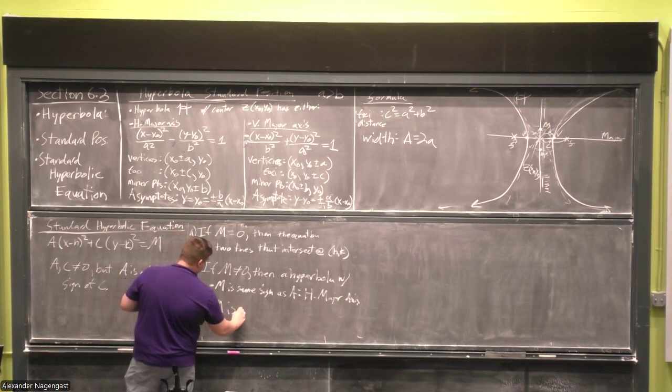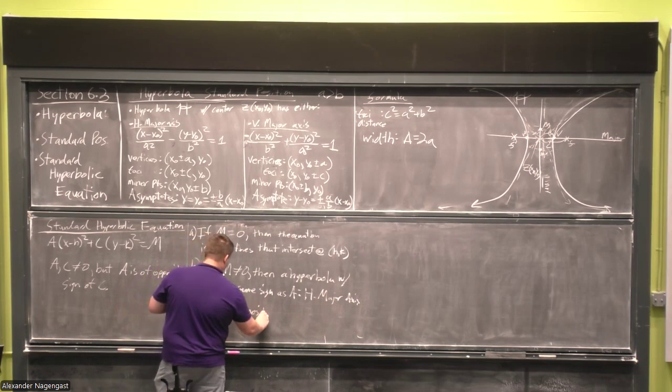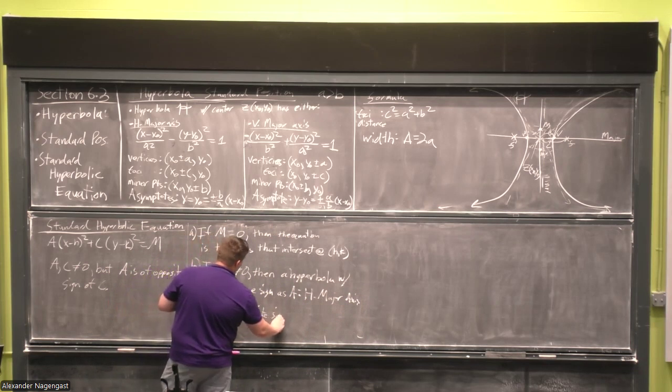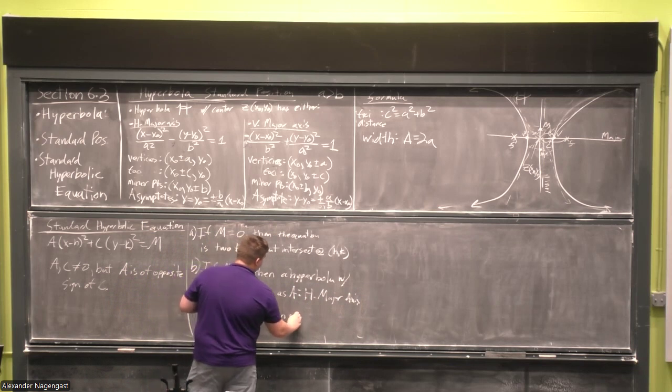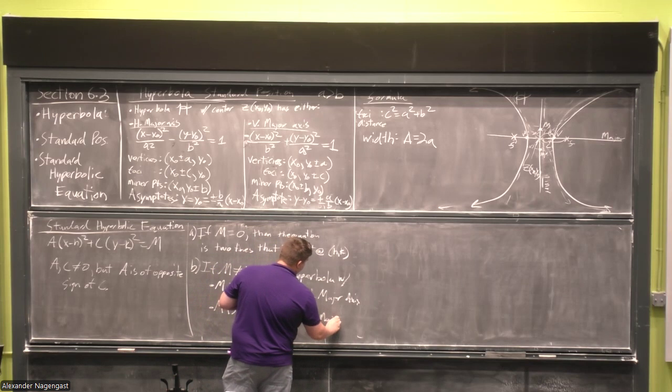If m is the opposite sign of a, we get a vertical major axis.